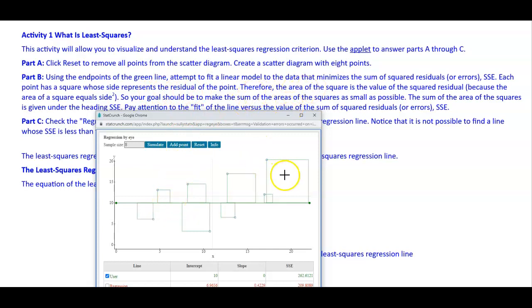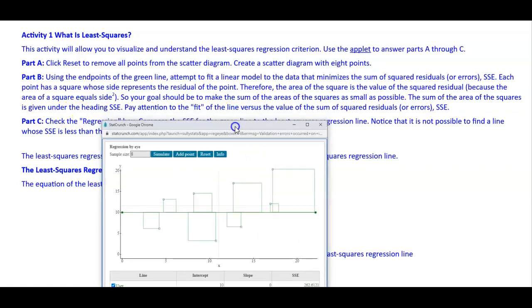Therefore, the area of the square is the value of the squared residual, because the area of a square equals side squared. So your goal should be to make the sum of the areas of the squares as small as possible. The sum of the area of the squares is given under the heading SSE.